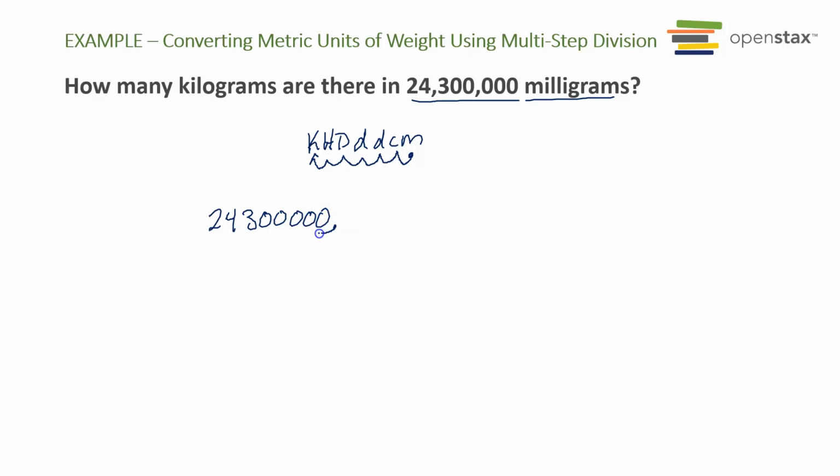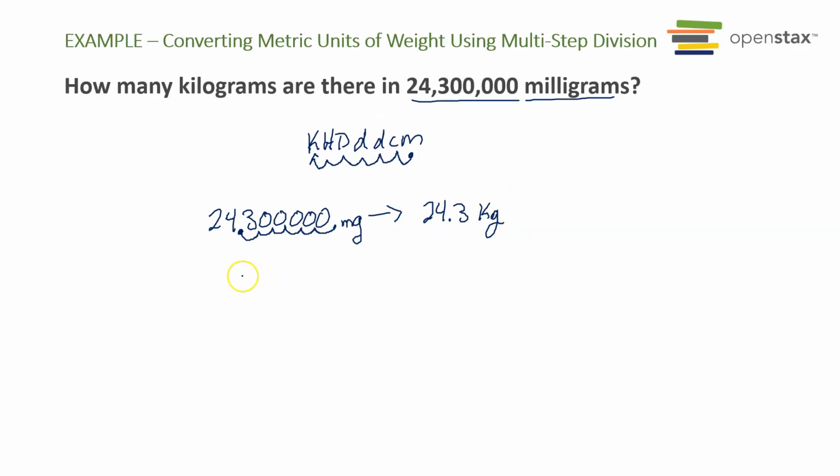Starting here at the end of 24,300,000, we go 1, 2, 3, 4, 5, 6. And so that's going to take us from milligrams to 24.3 kilograms, or kg. So milligrams to kilograms is basically 10 to the negative 6. There's 1,000,000 milligrams in a kilogram, so that's why we would essentially be dividing by 1,000,000.